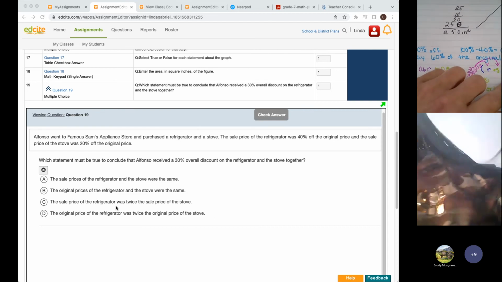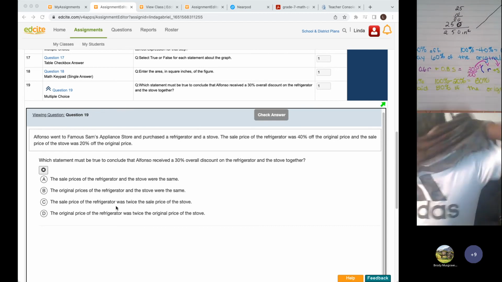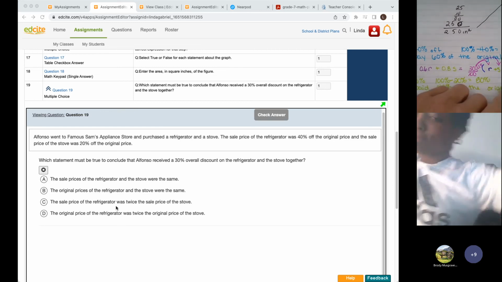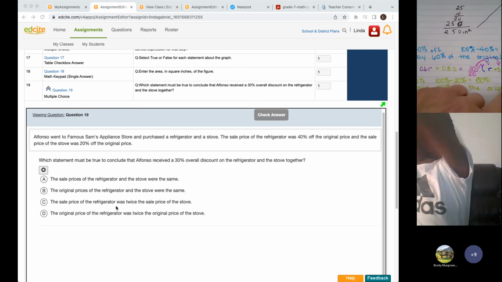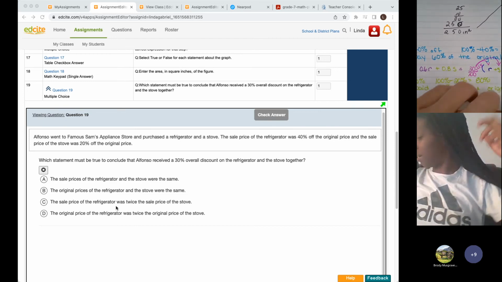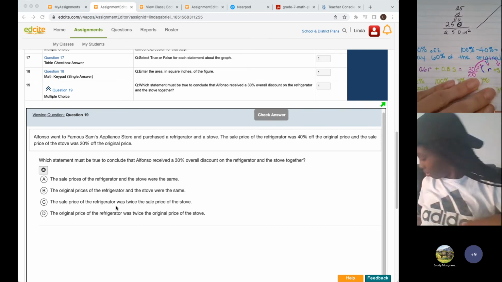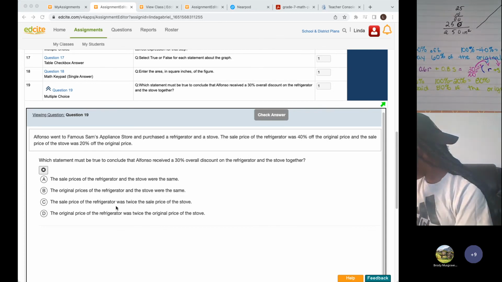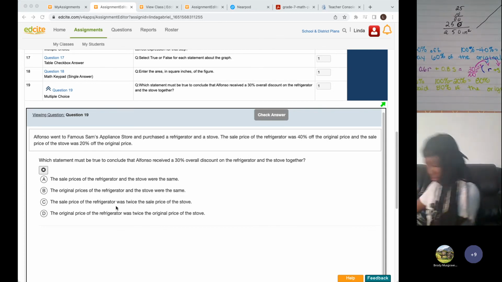If I have 0.6 R, 0.8 S, I can't take that away. I can only get rid of my 0.3. So if I do 0.3 here, right, that gives me R plus S by itself.